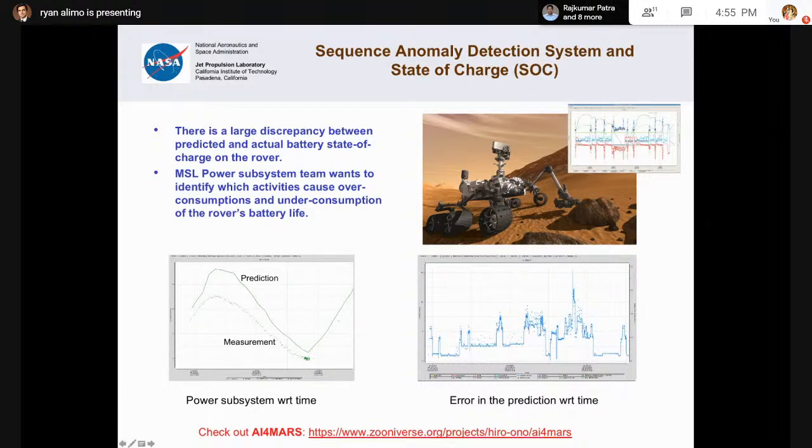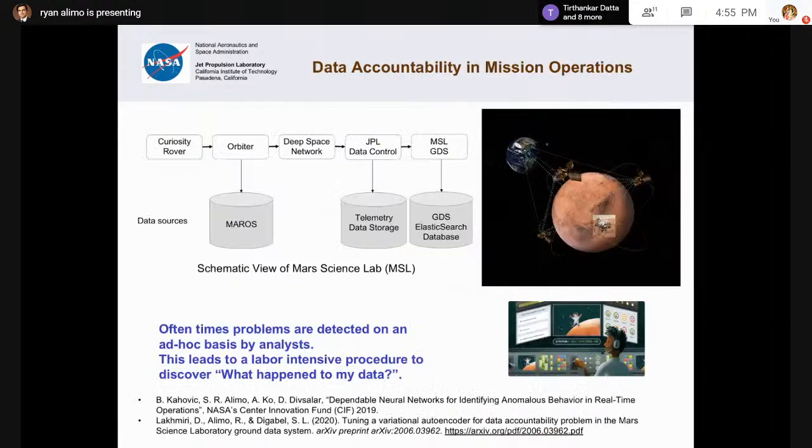One of the issues is sand segmentation. The Spirit rover got stuck in sand, and the mission was over, right? Also, the Curiosity got stuck in sand, and it had a hard time coming out. So these are things that we need to be aware of and careful about.